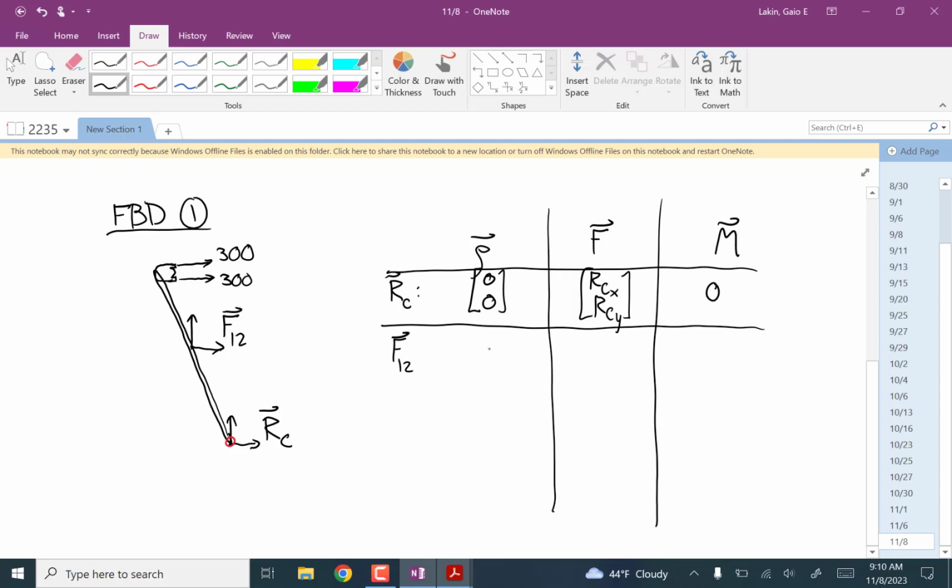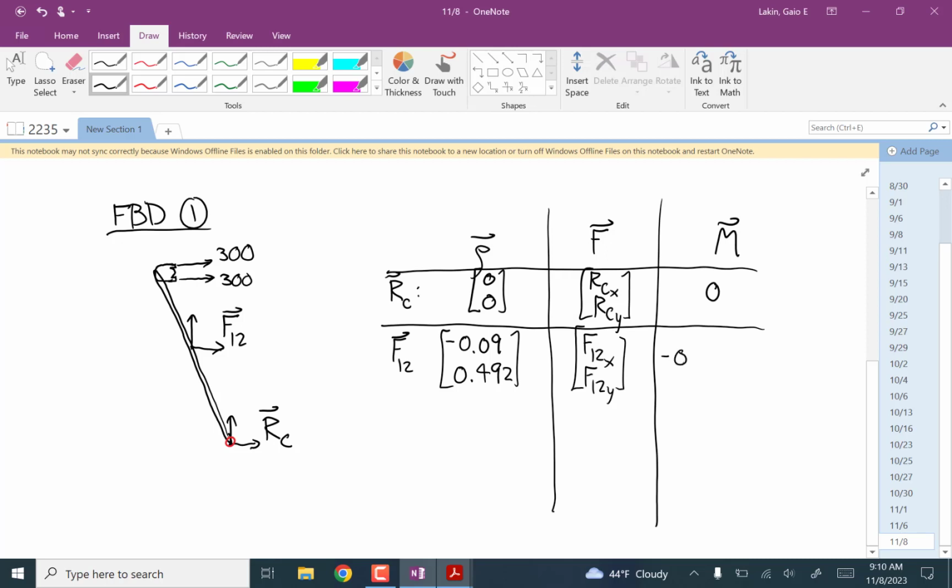The row vector is negative 0.09, positive 0.492. Force vector is F12x, F12y.